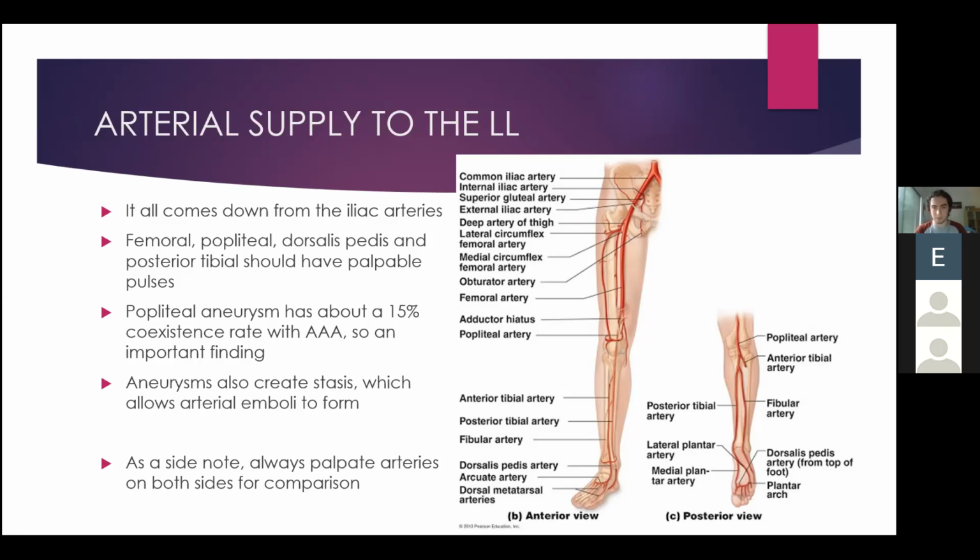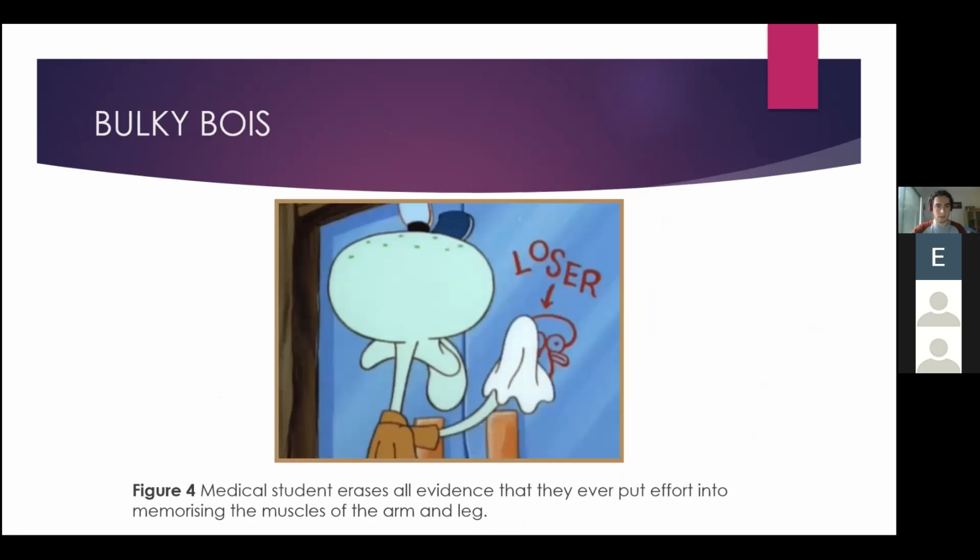The rest of them are neither here nor there. And the last thing is, when you're palpating arteries for a vascular exam, always do both sides. You always want to make sure that they're equal, or if they aren't equal, you know why they aren't equal.